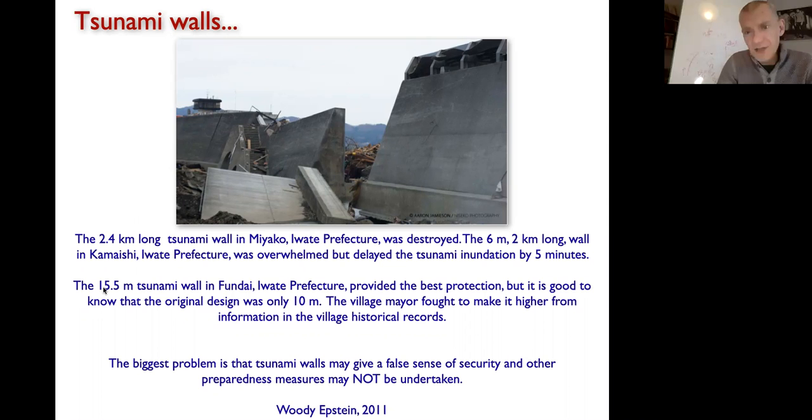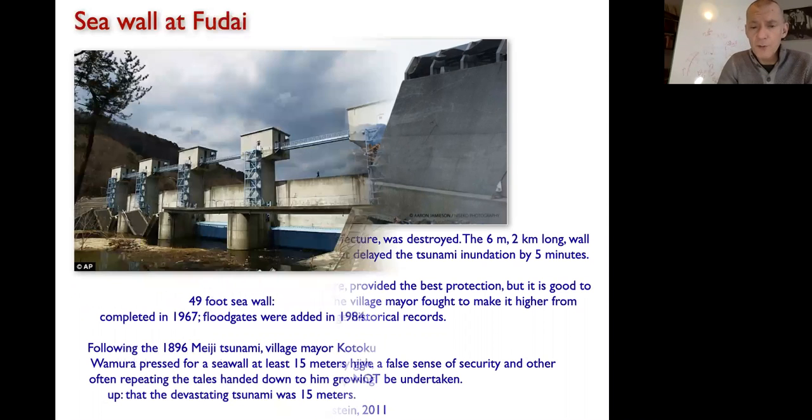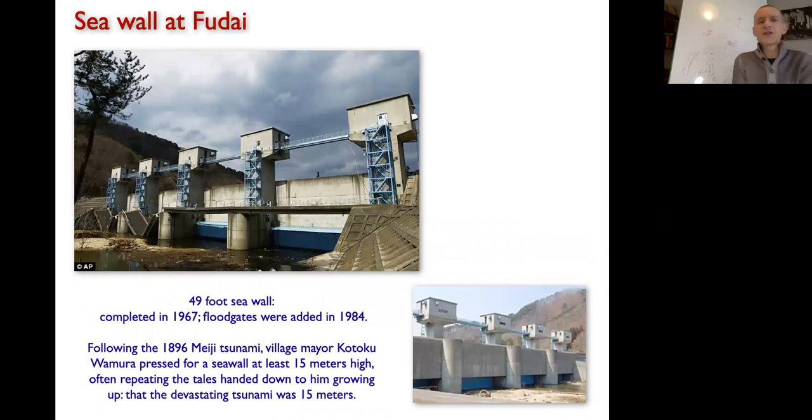Now, the final slides, just to make us think about this phenomenon. The seawall at Fudai was much higher than the other one because the mayor decided to build it following the messages coming from the past, like the 1896 Meiji event.